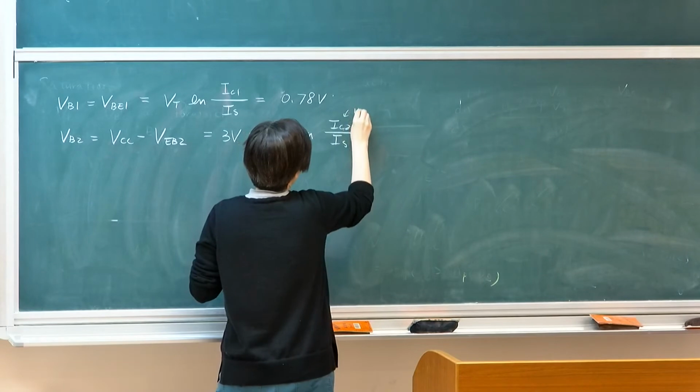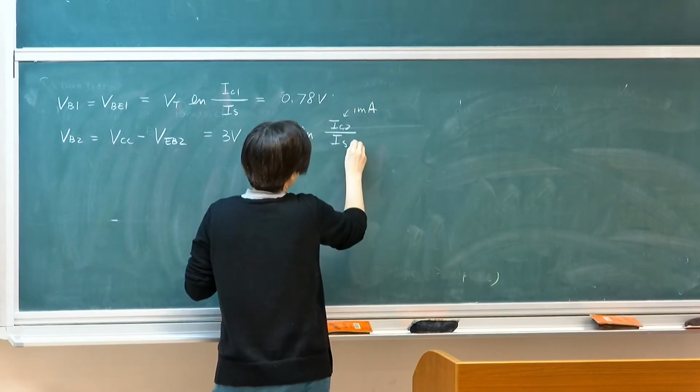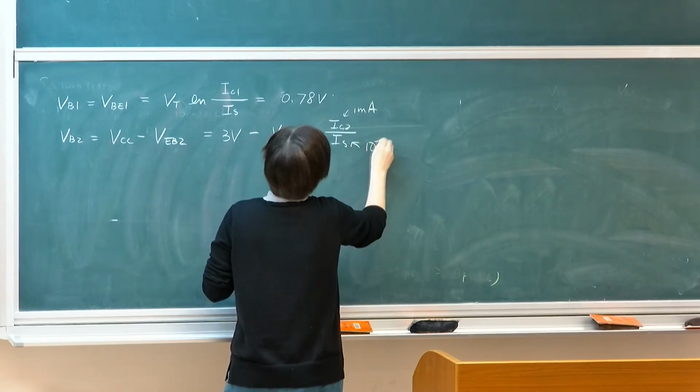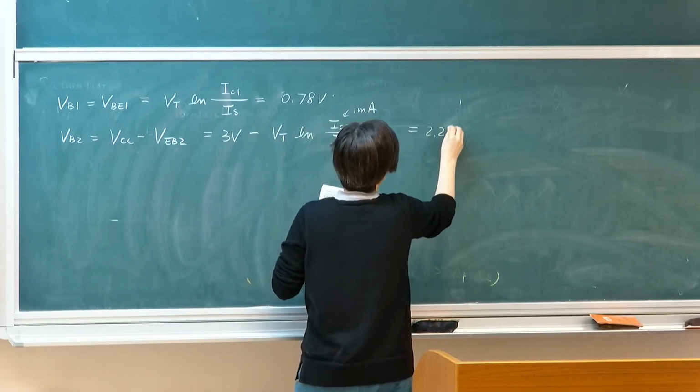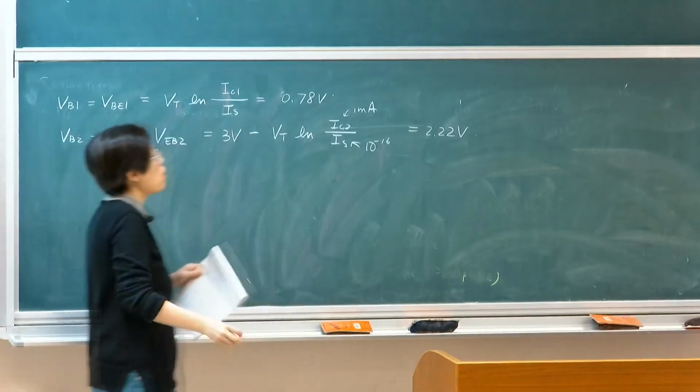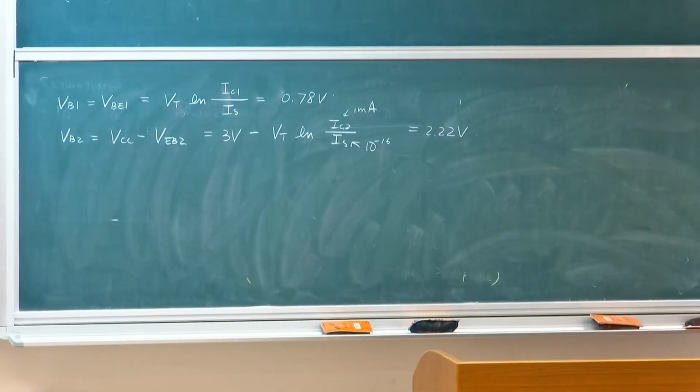Since IC2 is 1 milliamp, we know this is what we want. This is the device parameter, 10 to the minus 16. So we should be able to get this voltage level. The DC voltage level at VB2 should be about 2.2 volt. So these are just simply DC biasing, allowing the circuit to be set to its particular level.